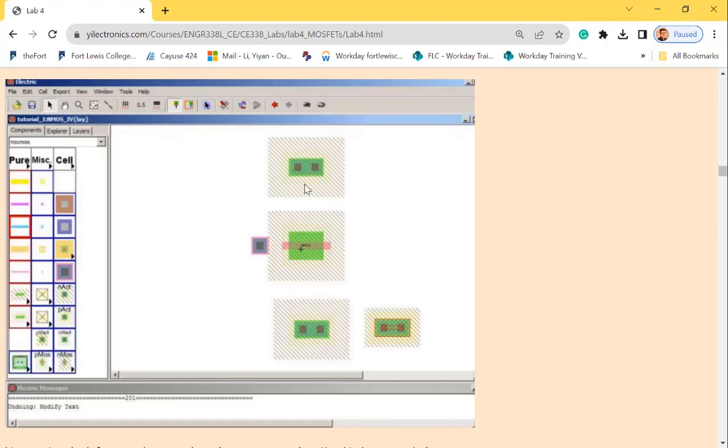What's the difference in Electric VLSI? You can tell it looks different, right? They have different colors. So what's the difference? Keep in mind, you are physically laying out a chip right now. Whatever is being laid out here will be reimaged.